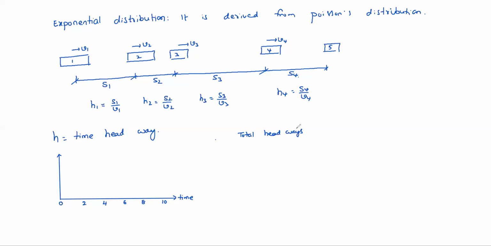For your understanding, I will take a small number. Total headways, I will take 20 numbers. I will mark here the headways. All headways are in between 0 and 10.